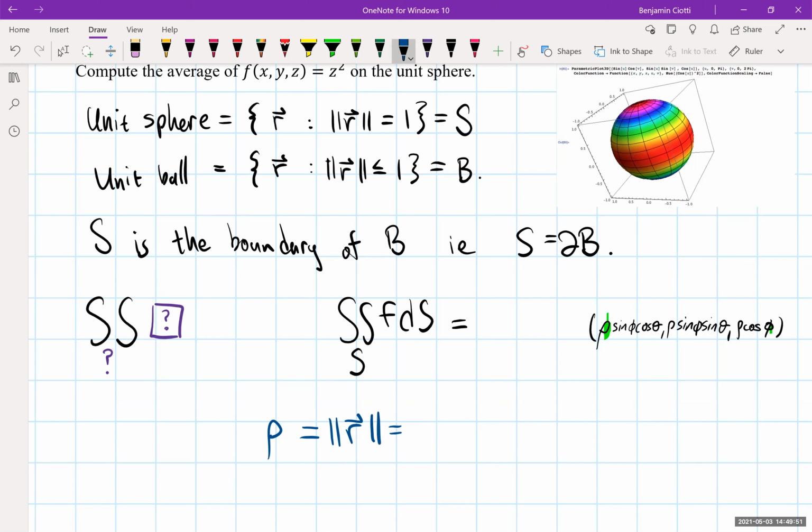Yeah, right. Good. So I'll just make it 1. We don't need it, and we're left with that. So those are our coordinates on the surface of the unit sphere.